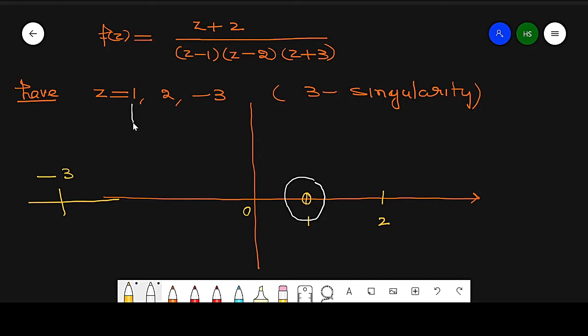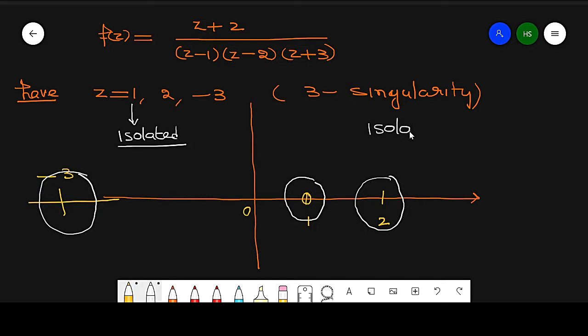It means this is an isolated singular point. Similarly, in the case of 2 and minus 3, it means 1, 2 and minus 3 are isolated singular points.